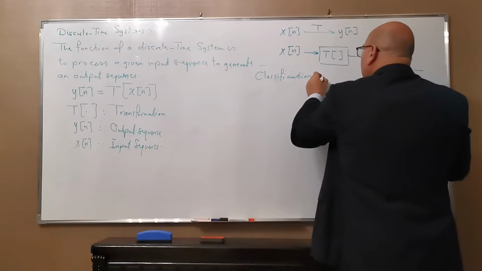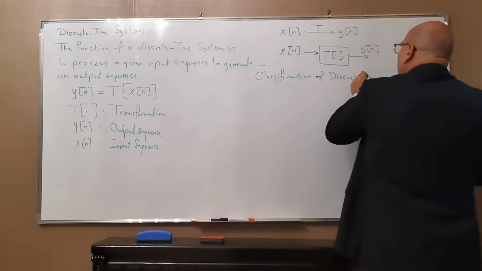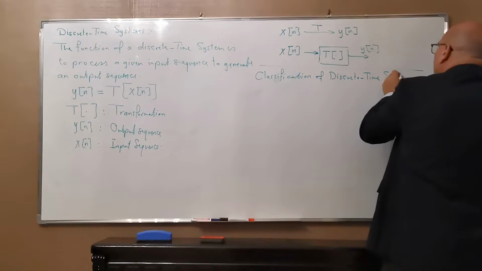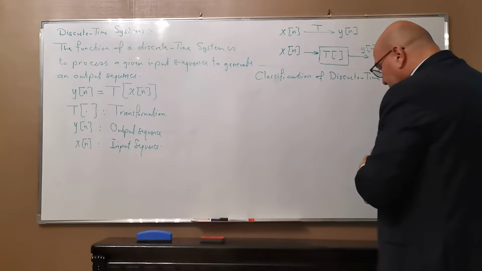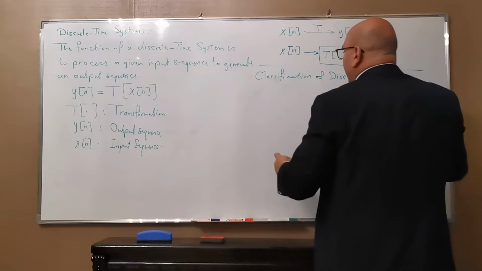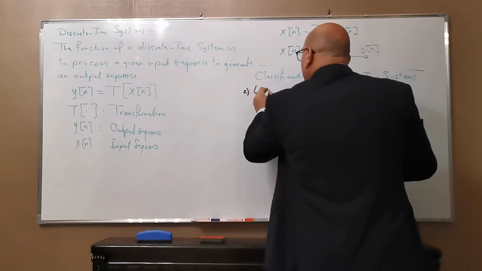Classifications of discrete time systems. We'll take the first one to be linear or nonlinear system. So we'll talk about linearity.